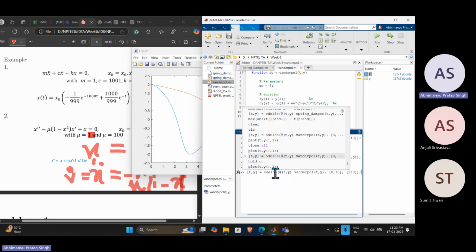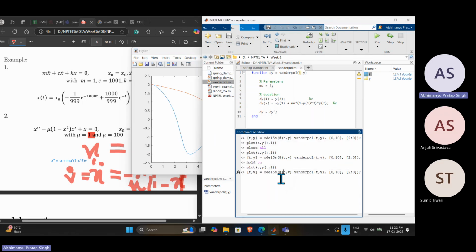Okay, sorry, I have been using ode15s. So with ode15s we are solving this in 127 time steps. And if I solve it using ode45, we are getting 270, approximately close to double the time steps, right? But the solution is still similar.